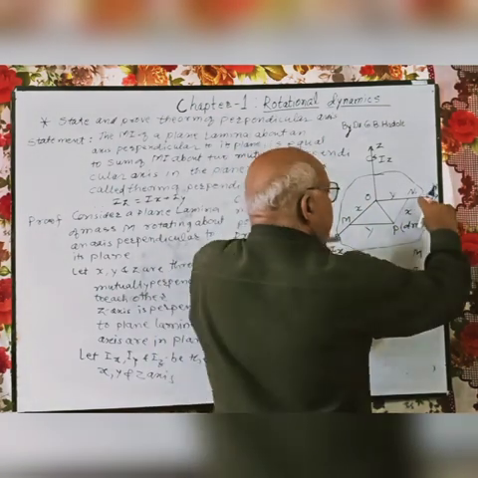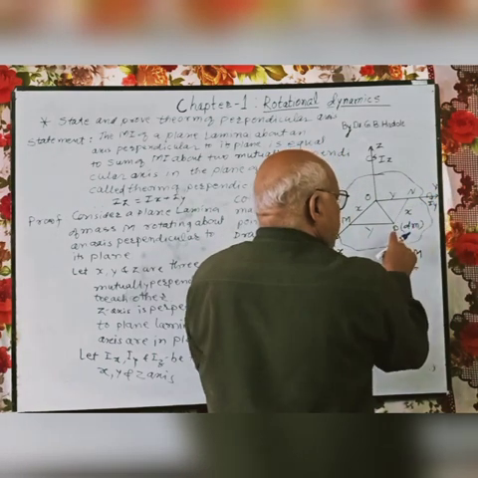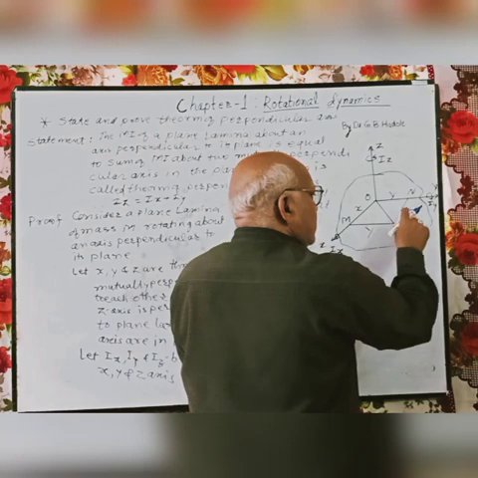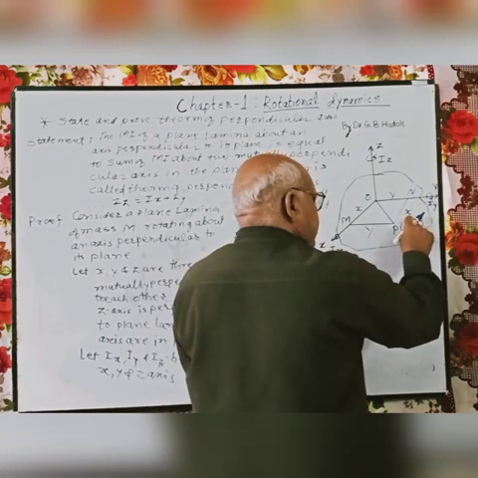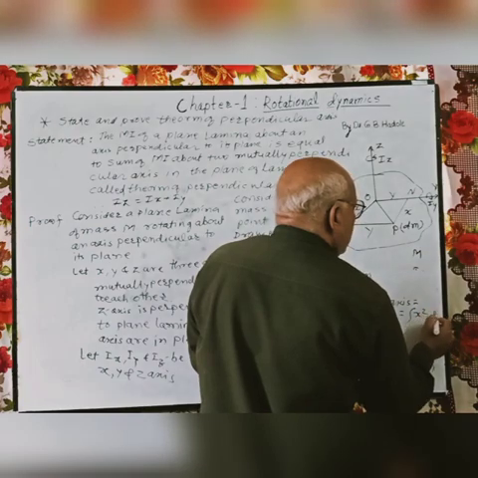Now, if this plane lamina is rotated about this y-axis, the distance of this point P from y-axis is x. It is square of the distance into mass.